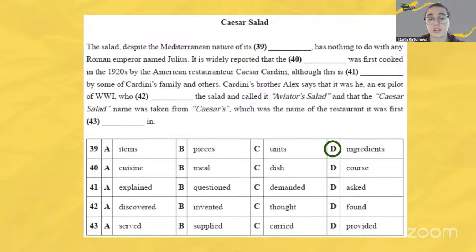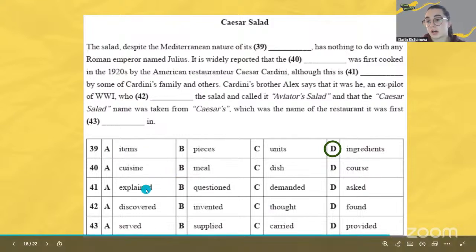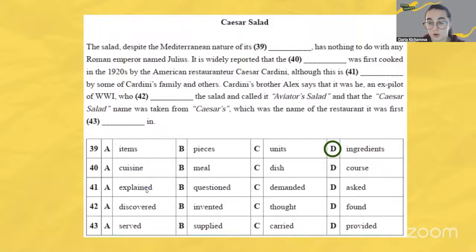So there we are talking about salad. We don't talk about some general dishes of some country. We don't talk about breakfast, like some meal that we eat, breakfast, dinner, and so on. We don't talk about some set of dishes. We talk about a dish, and that will be C.